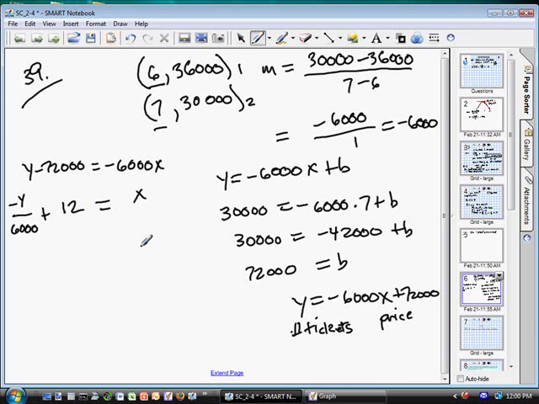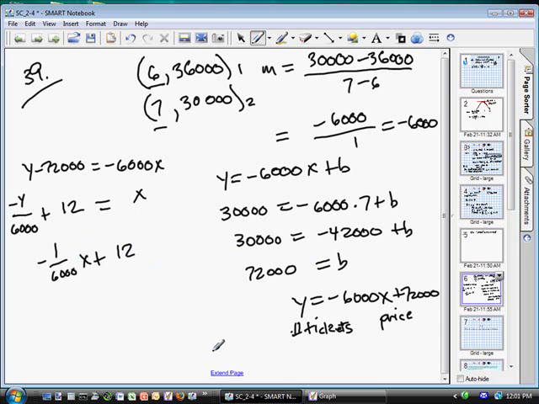Okay, so now we have ourselves a demand equation. And we could use the different variables now. Let's write it this way. I'm just writing the negative x over 6,000 as negative 1/6,000 times x.